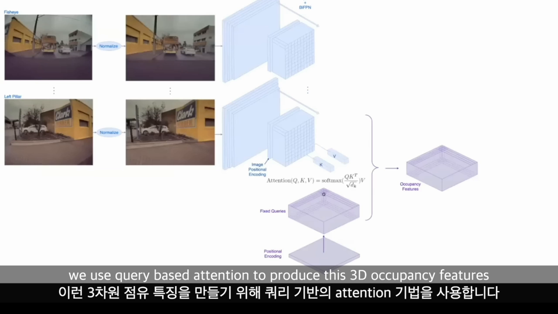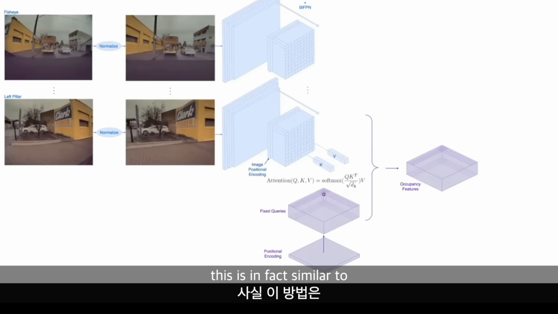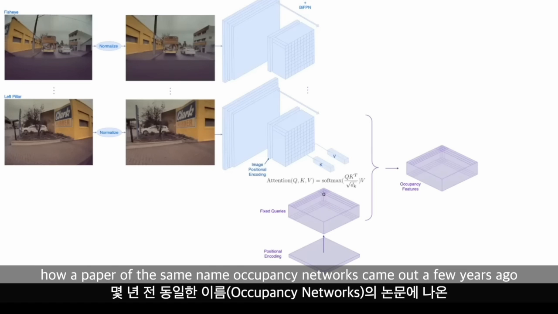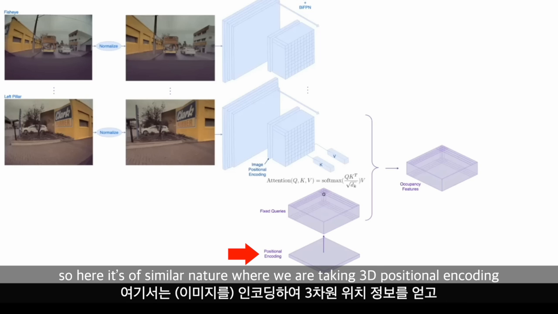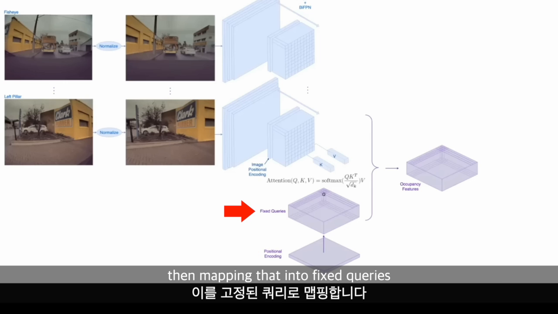We use query-based attention to produce these 3D occupancy features. This is, in fact, similar to how a paper of the same name, Occupancy Networks, came out a few years ago, which again queries 3D points for whether that 3D point is occupied or not. Here it's of similar nature, where we are taking 3D positional encoding, then mapping that into fixed queries.